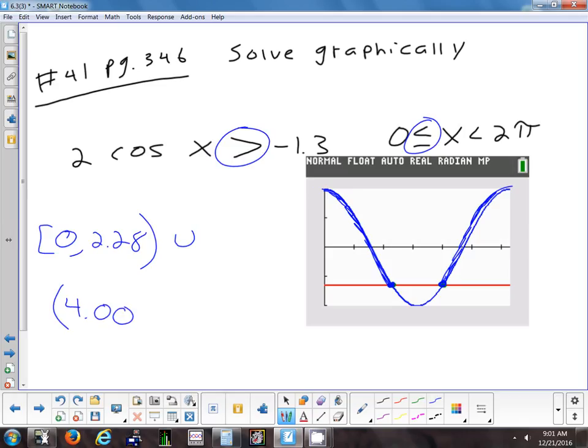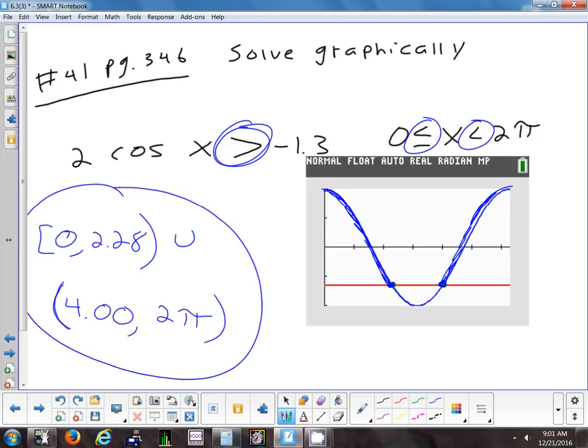So 4.00, again, not including it because of that. And what do we go up to? 2 pi. Including or not including it? Not including it. Usually you don't include both 0 and 2 pi because they're the same, they're repeats. So if you include one, you don't include the other. And that's generally how they do it. Okay, and that's your answer.